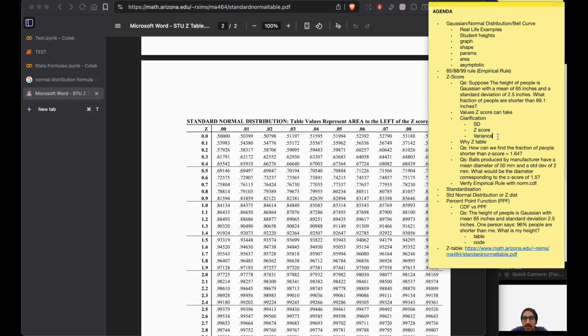Yeah, one thing, I guess, now, this can be slightly confusing, but just to clarify, the definition of standard deviation is the average distance of all the data points from the mean. That is what standard deviation is.